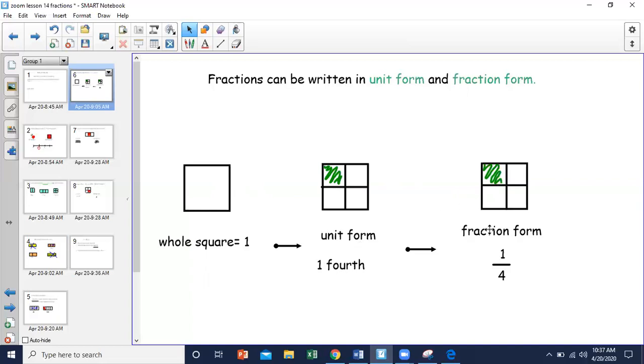The fraction form for this same shape will be 1 fraction bar 4. Remember, the 1 is the numerator, which shows how many equal parts are named. And I see one green equal part, which shows that it is named. And the denominator is 4, which tells us this whole square was cut into 4 equal parts.